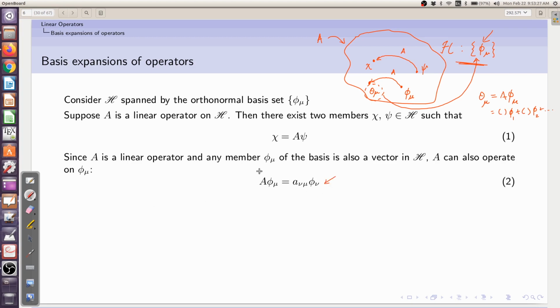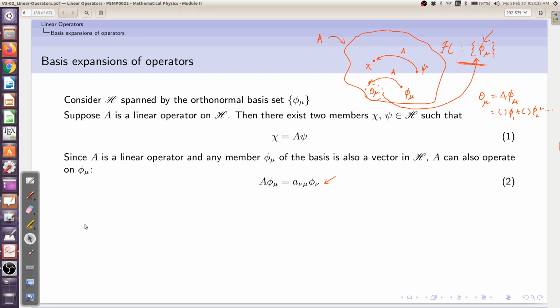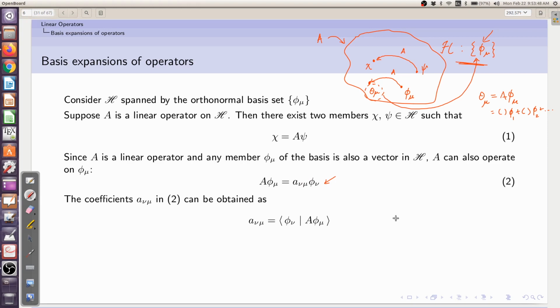So when A operates on phi mu, whatever result you get, you can expand it using the basis phi nu itself. Here I'm using nu just to distinguish between this index and this index. So how do you get these coefficients? Remember in the previous class I told you about orthogonal expansion using a basis.